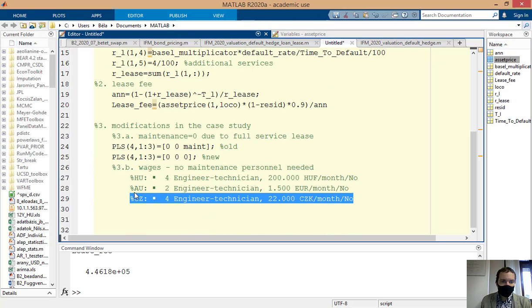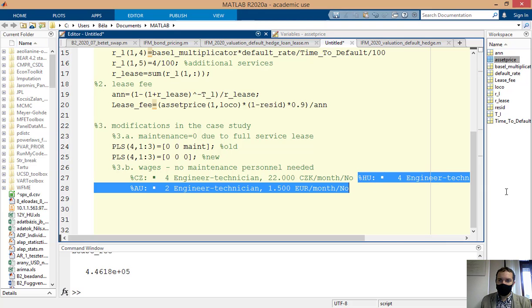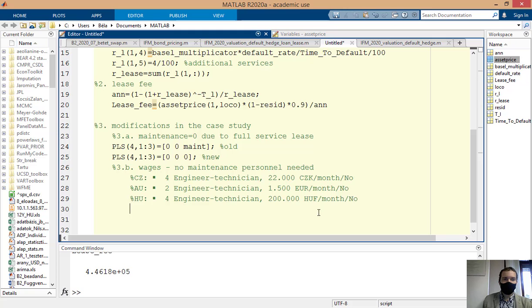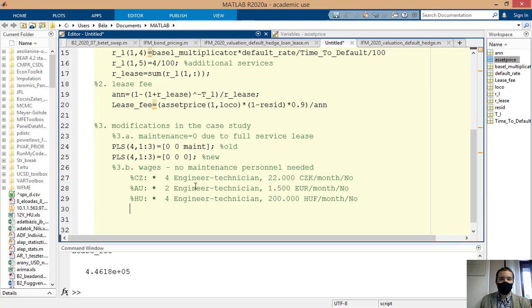Okay, let's change the order because we are always using Hungary as the last. Let's make a nice consistent structure. So we have to overwrite this.